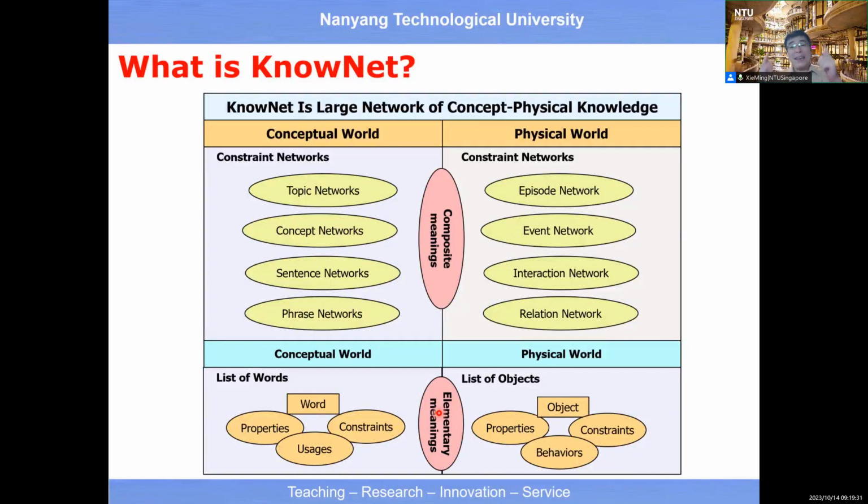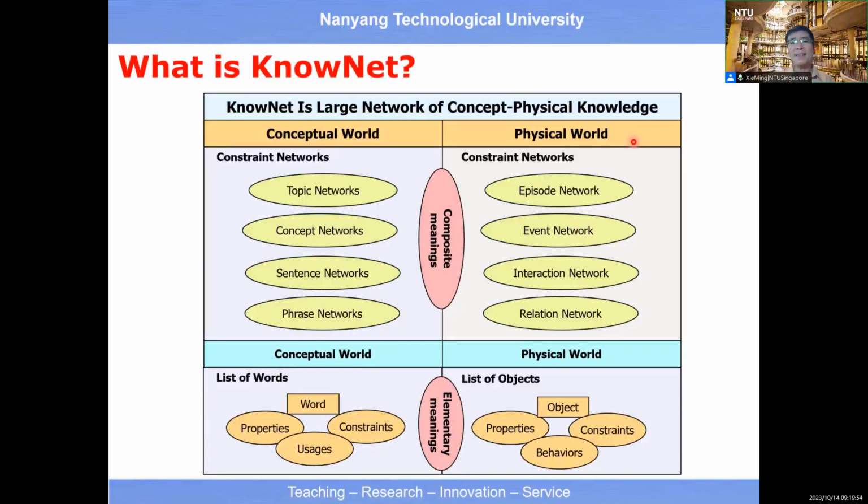So we believe inside our mind, we represent knowledge in this way, all right? So you see, we have elementary knowledge, that means the basic level of knowledge. Then we may also have composite knowledge, right? Or knowledge at the higher level, okay?